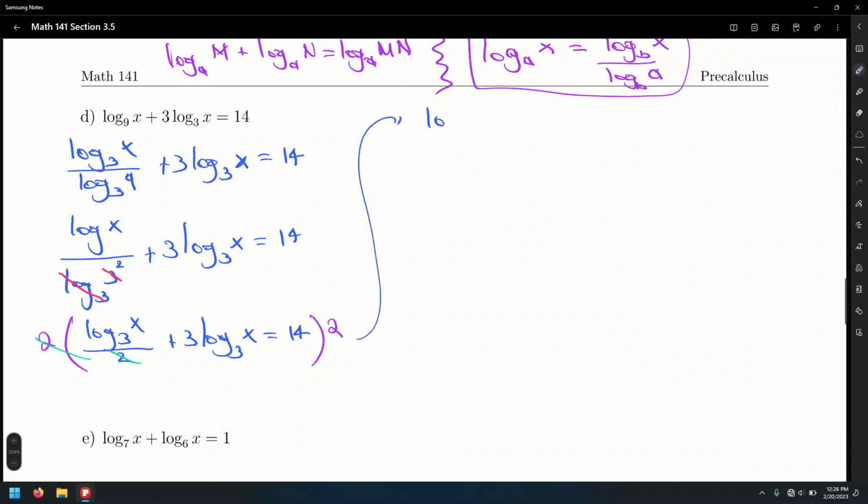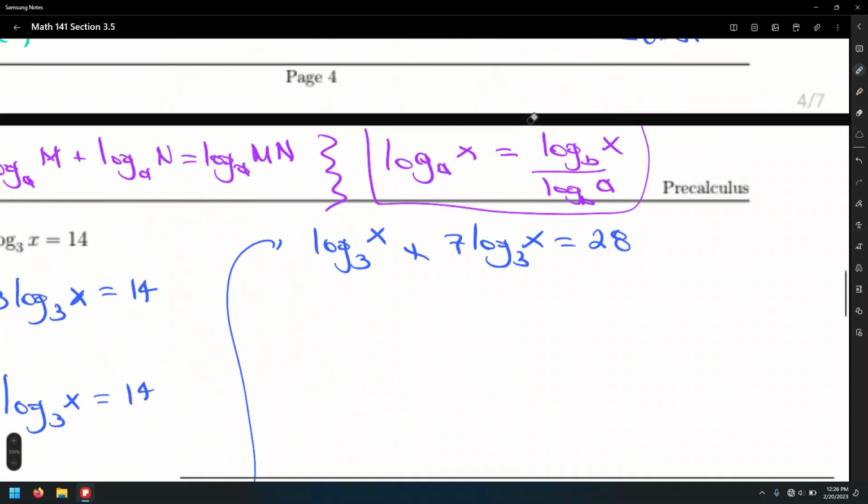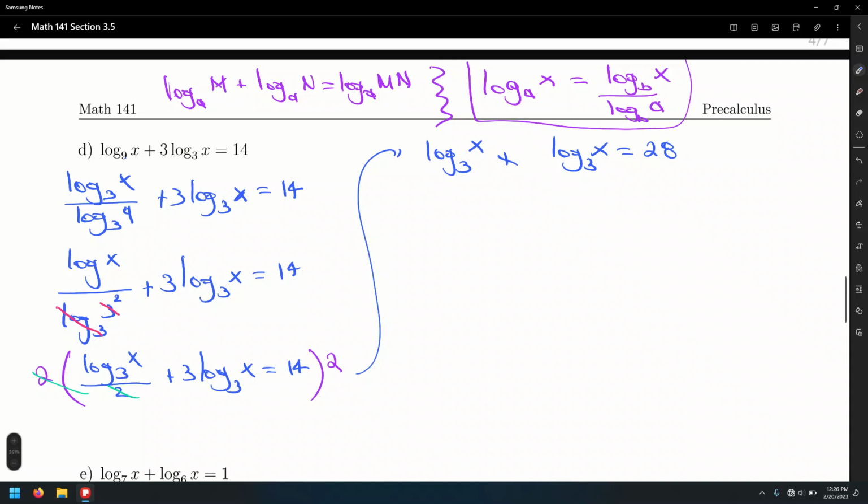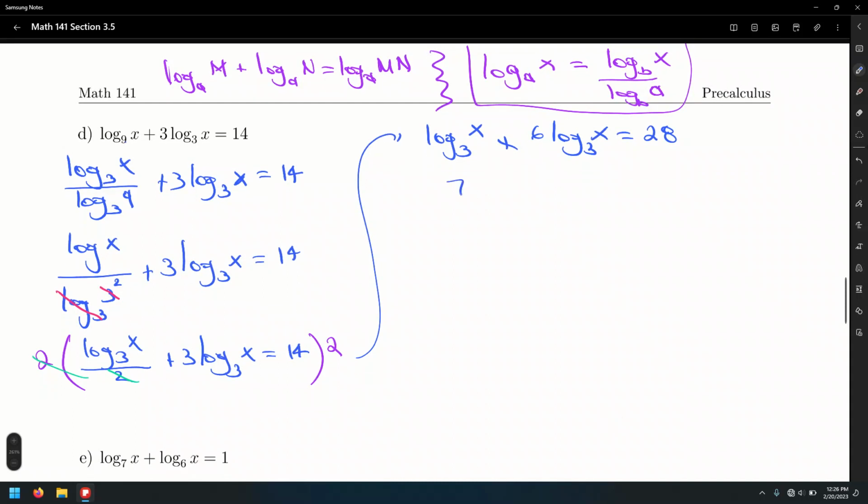That's log base 3 of x plus, when we distribute, 2 times 3, which is 6, so that's 7 log base 3 of x equals, not 14 actually, that's 28. So 7 log base 3 of x equals 28.